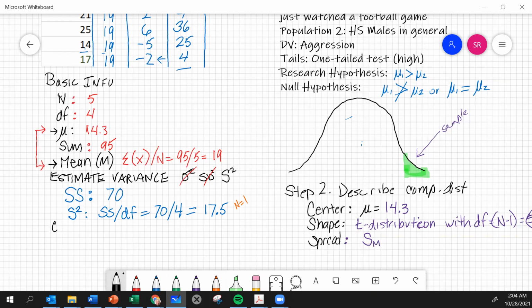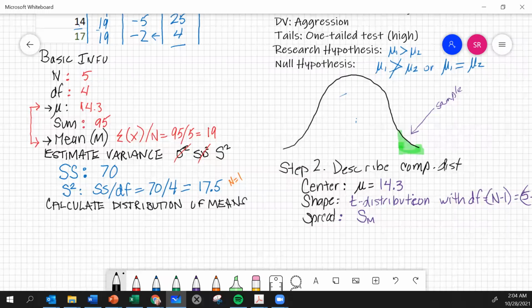We're no longer estimating, so we're not going to use degrees of freedom anymore. We're going to calculate the distribution of means using the same formula as we've done before, which is just the variance divided by n, and then we take the square root.